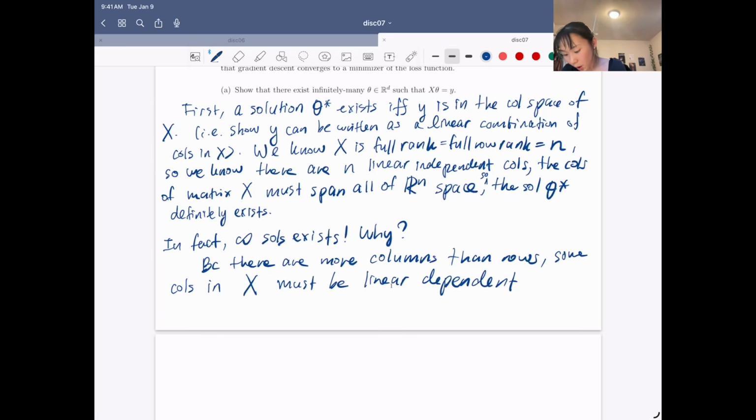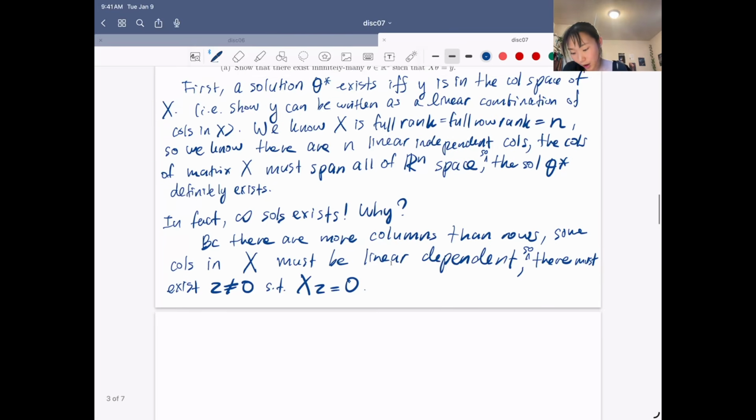And recall, if some columns in X are linearly dependent, there must exist some vector z not equal to 0 such that Xz equals 0. And this is the property that we saw earlier.